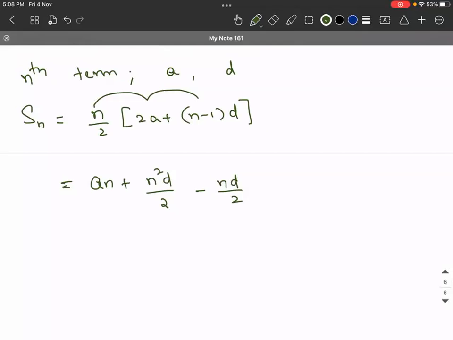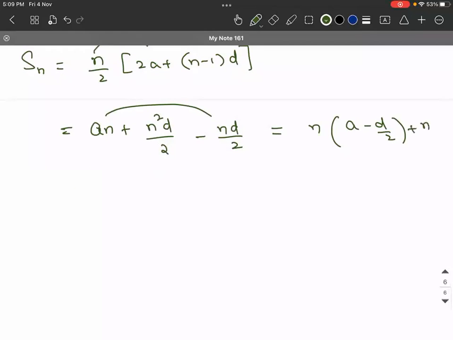Guys, are you with me? Yes, sir. So I'll collect the n terms here: n into a minus d by 2, plus n square d by 2. Can I write it like this? Now, what is this? This is another way of writing Sn. You need not memorize this, okay?